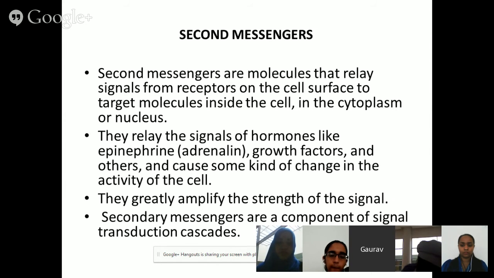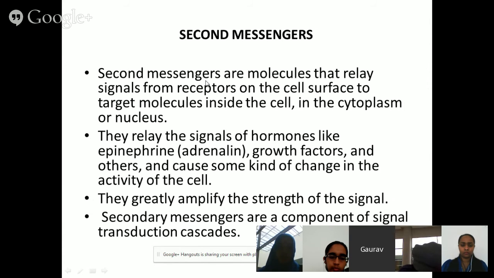After binding, they activate a few molecules present inside the cell. These molecules are called second messengers, and later the second messengers pass that information inside the cell or into the nucleus.